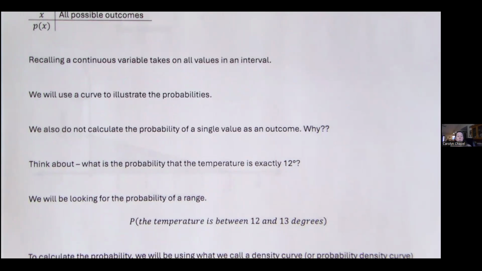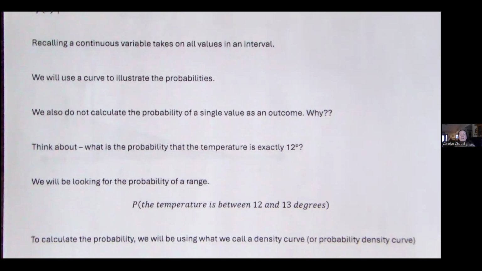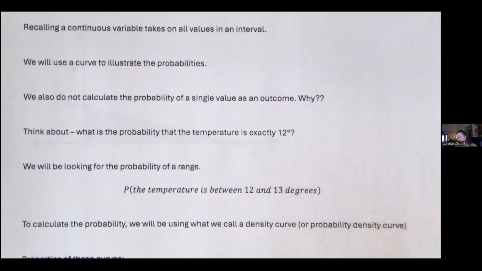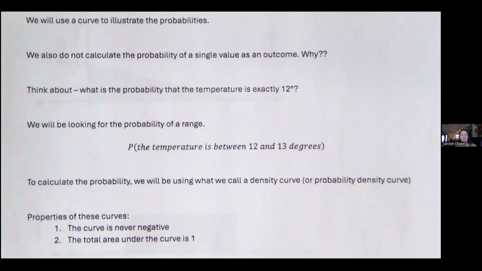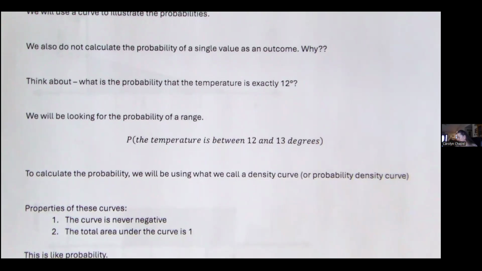So to calculate these probabilities, since we can't do it in table form, we're going to be using this curve. Like I said before, it is called a density curve. We're going to be finding the areas under that curve over that region.